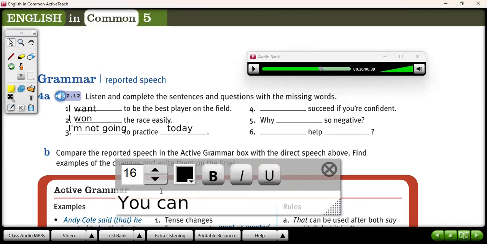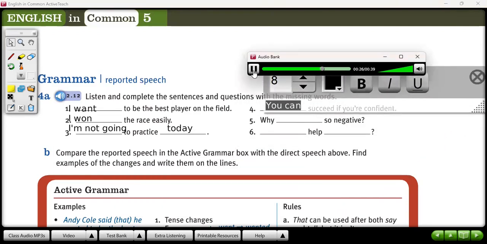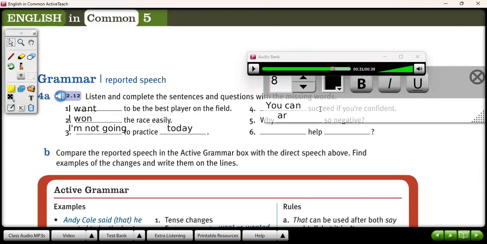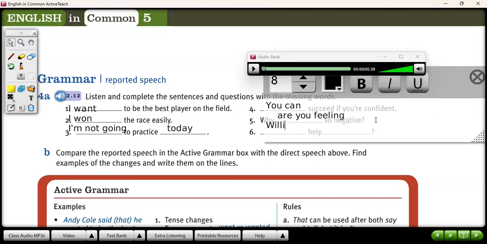You can succeed if you're confident. 5, Why are you feeling so negative? 6, Will you help me tomorrow? Will you? 2.